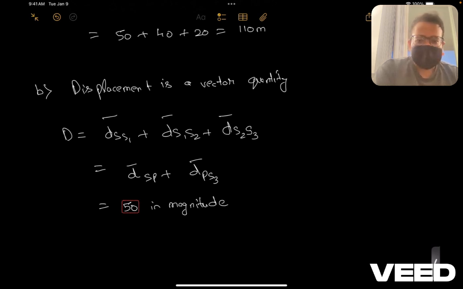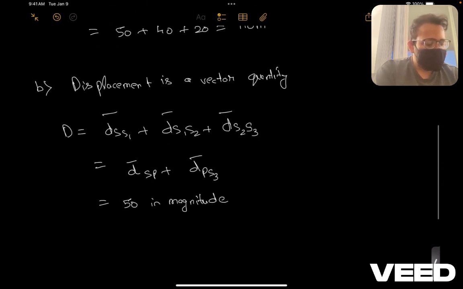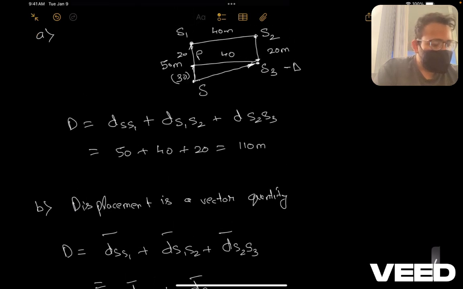Remember, displacement is a vector, so it has a magnitude as well as a direction. While in part A, distance is a scalar, so it only has a magnitude, no direction. And we can calculate some angles from this side.